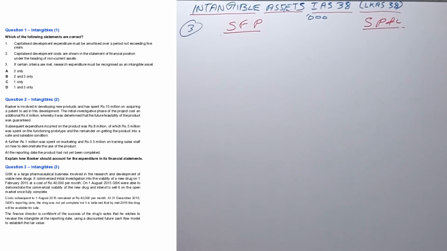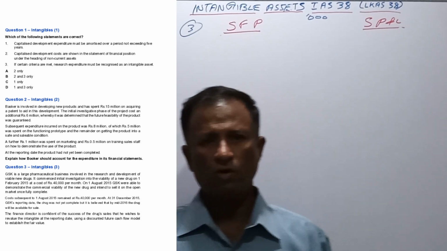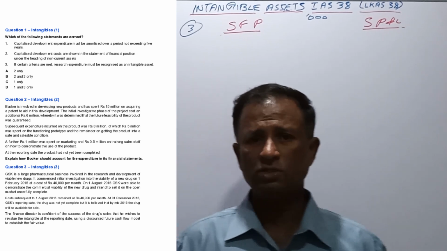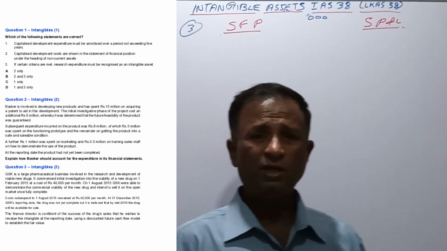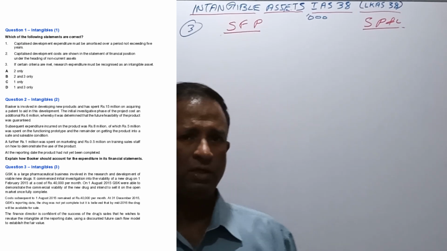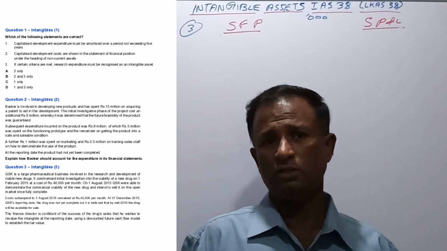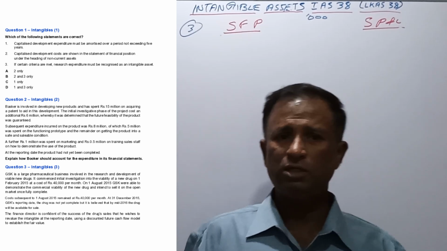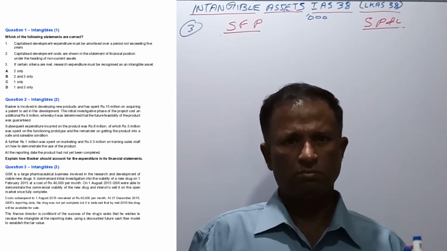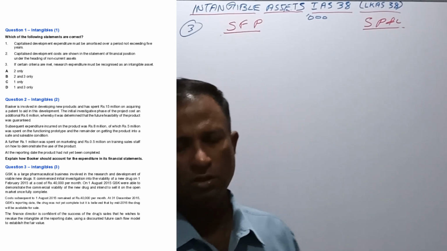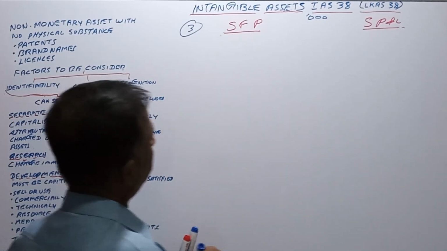Only on 1st August did the company find out the commercial viability. So we have to assume that expenses incurred before 1st August are research and development.